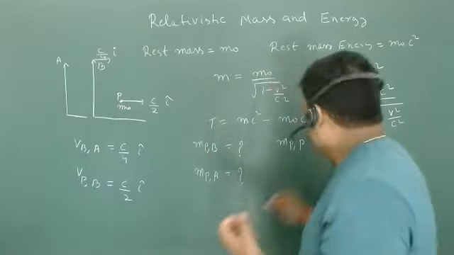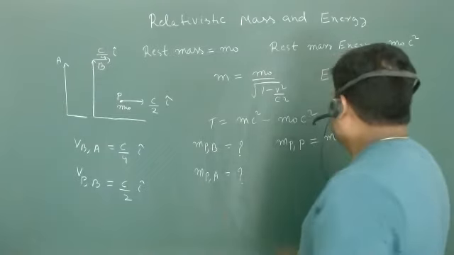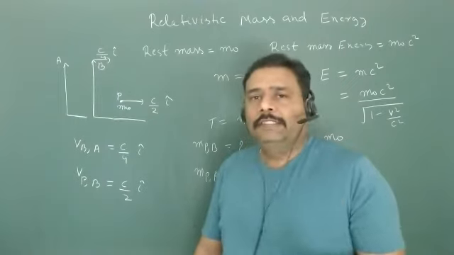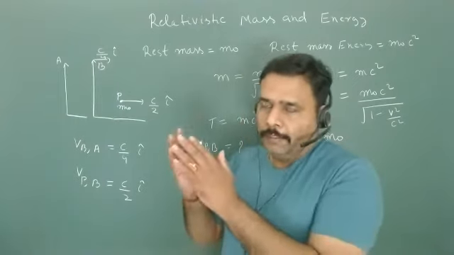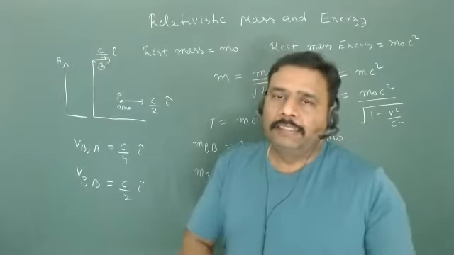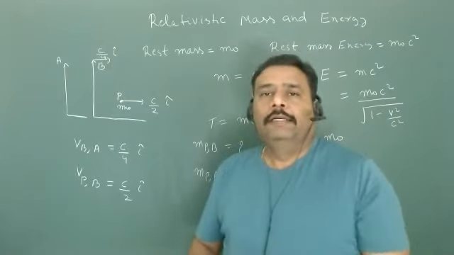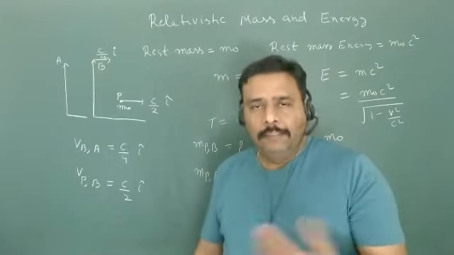Whenever you measure the rest mass, the relative speed between the observer and the particle is 0. That means you are sitting on the particle and then measuring the mass.